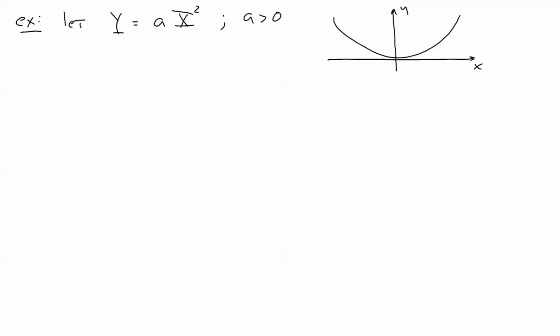Right? For any value of y, say y naught, there are two values of x, plus or minus x naught, which can give rise to y naught.